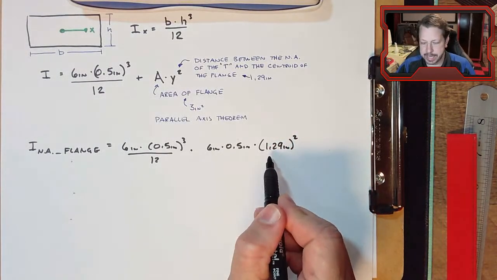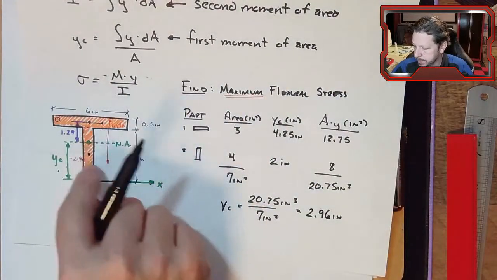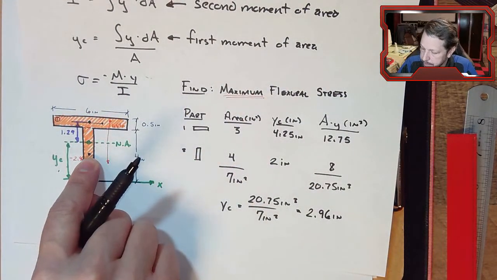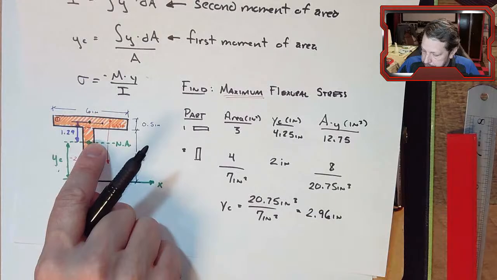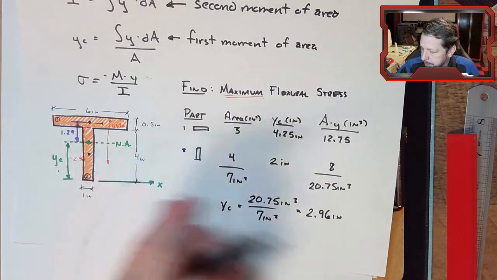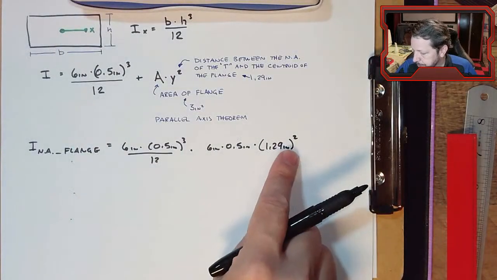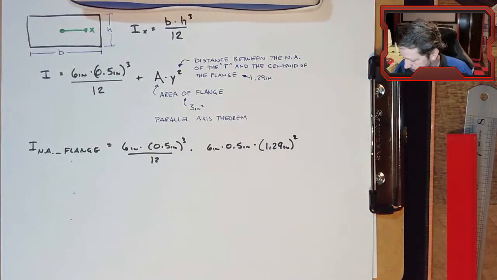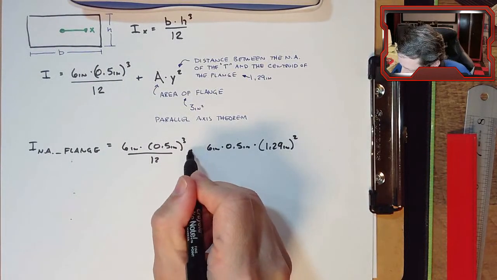Sometimes this is negative, like when we do the stem, measuring down from the neutral axis to the centroid of the stem, but you square it anyway, so it doesn't matter if it's positive or negative. This should be a plus sign.